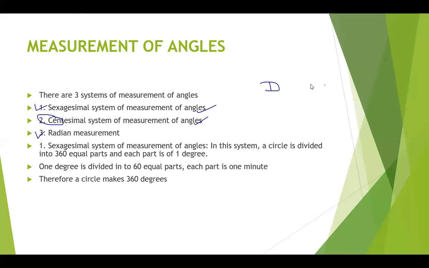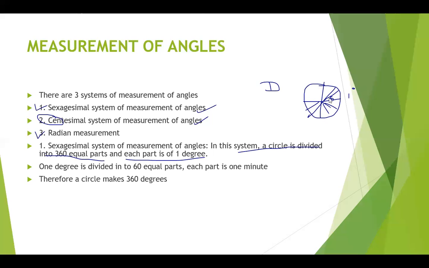In the sexagesimal system, a circle is divided into 360 equal parts, and each part is of 1 degree.